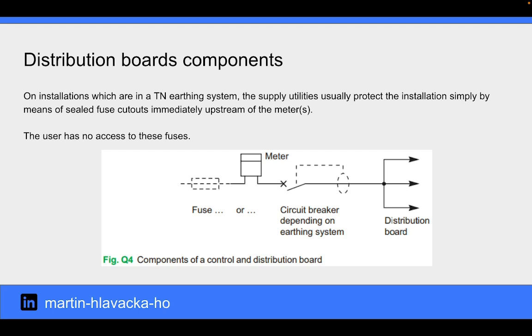On installations that are in TN earthing system, the supply utilities usually protect the installation simply using sealed fuse cutouts immediately upstream of the meter. The user has no access to these fuses.